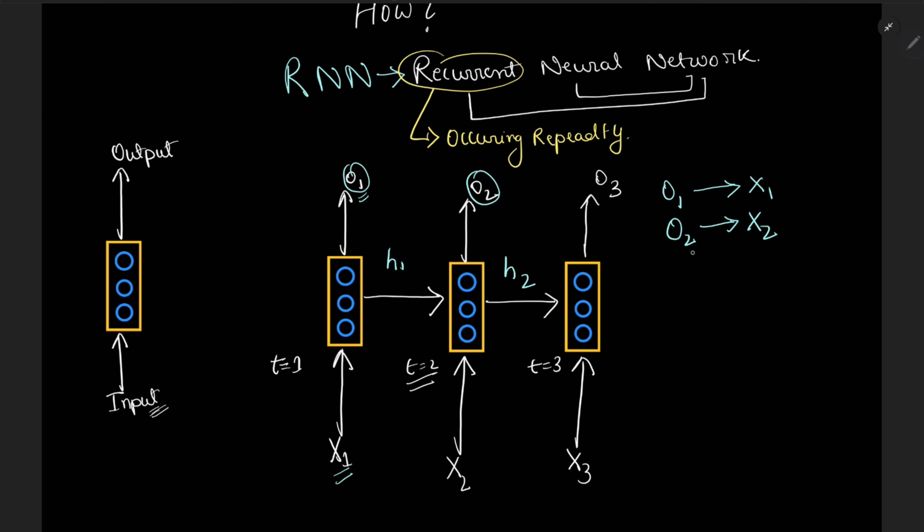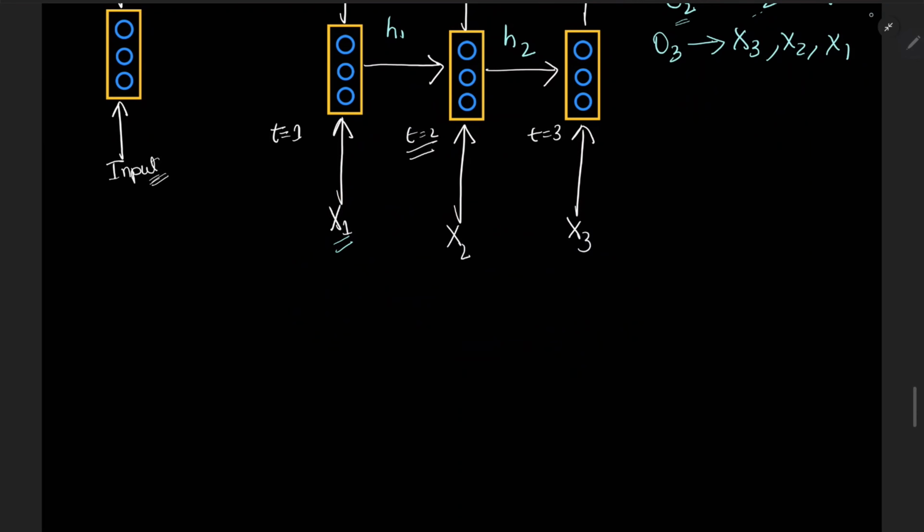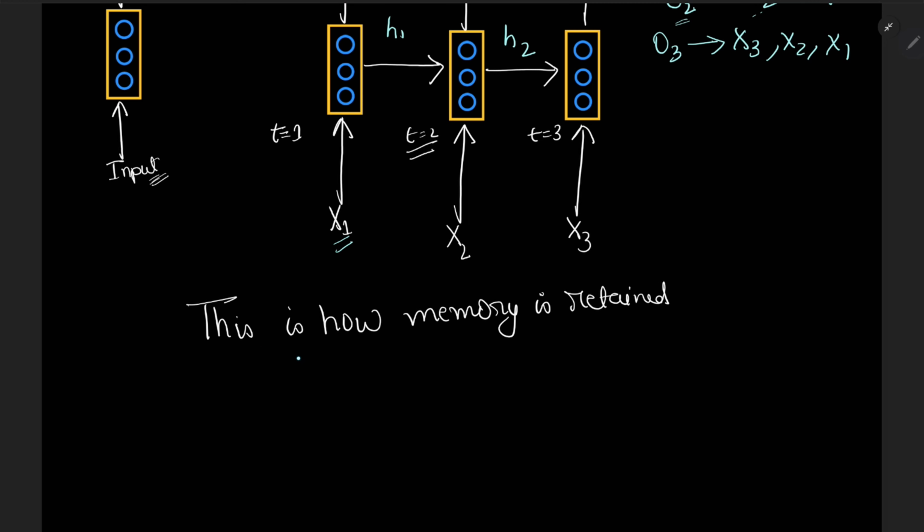So O2 carries the information about all the previous and the current input. Similarly, O3 will have the information about x3, x2 and x1, all the previous inputs. So this is how memory is retained along the sequence in RNN.